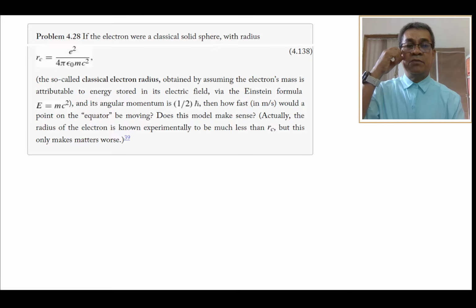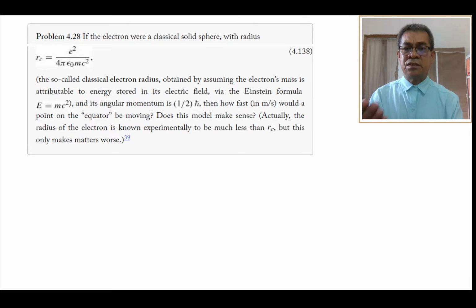This is by assuming that the electron mass is attributed by energy stored in its electric field. This is via Einstein's popular formula, E equals mc squared. Now, if the angular momentum is one half of h bar, then the question is how fast in meters per second would a point on the equator be moving?